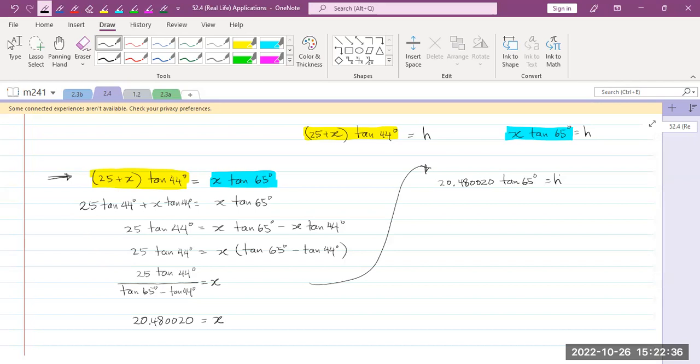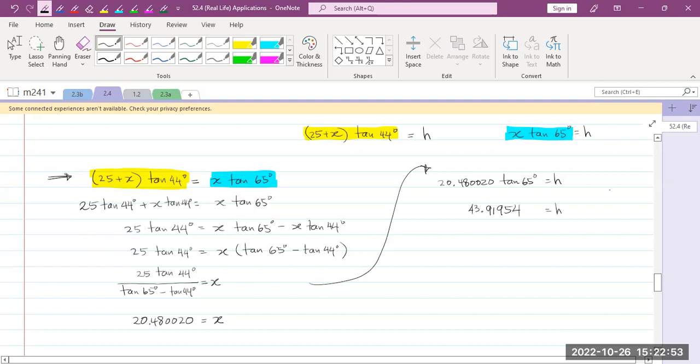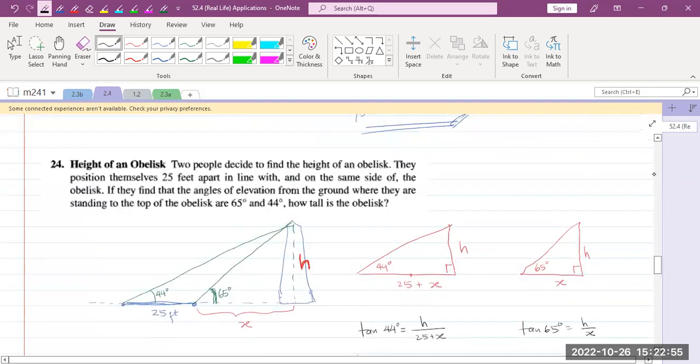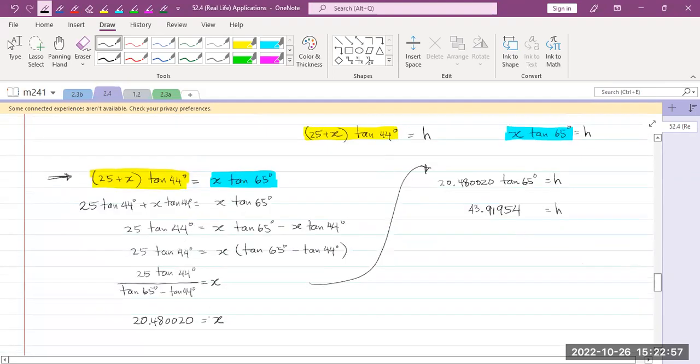I will continue, multiplied by tangent 65 degrees. I will get 43.91954. That's the height. Oh, by the way, what's the unit? Feet. The unit is in feet. So make sure we write the unit here in feet. This is also in feet.